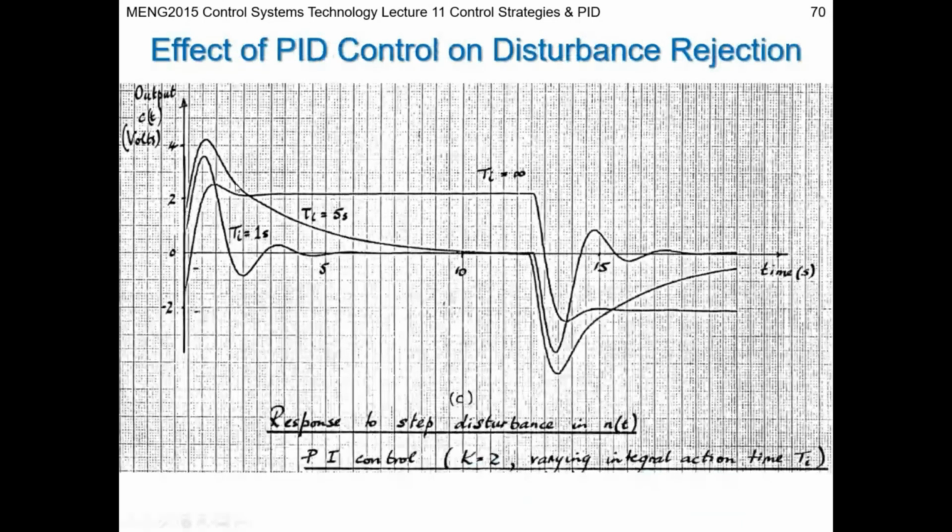We gradually introduced integral action from 0, with what we reckoned was a decent proportional response. We introduced a bit of integral action here. We saw how it had an impact in reducing our steady state error that was caused by that disturbance. As we increased our integral action, it improved the performance of the system.